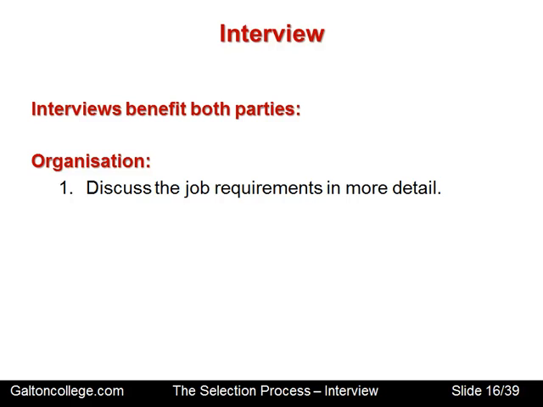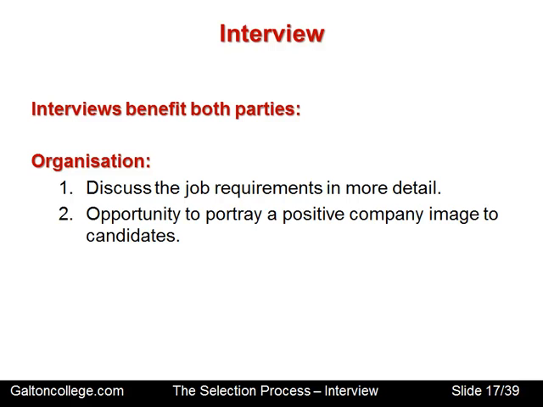And it's important that they are openly briefed about the requirements of the job so that they don't arrive in and get surprised by the requirements and get upset or are confused about the nature of the job. They should be briefed, and the organisation has a chance to do that in detail.